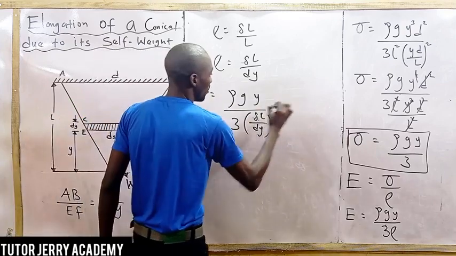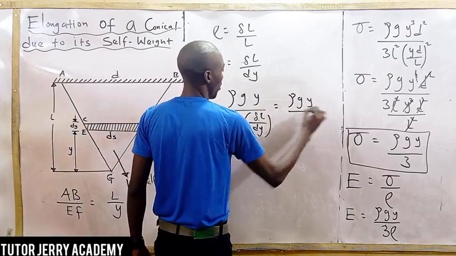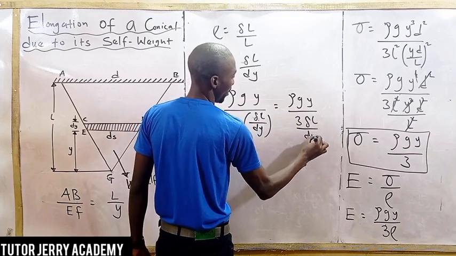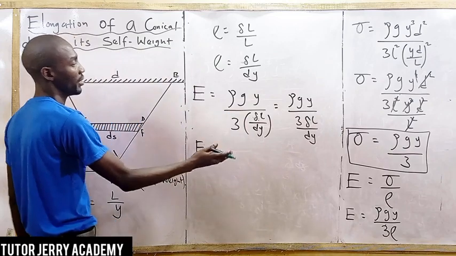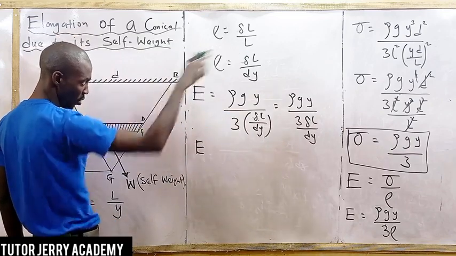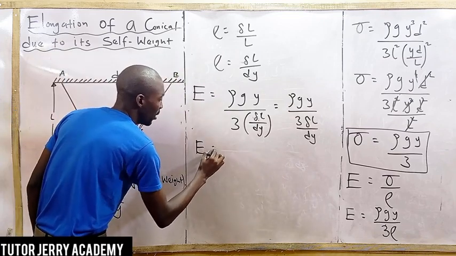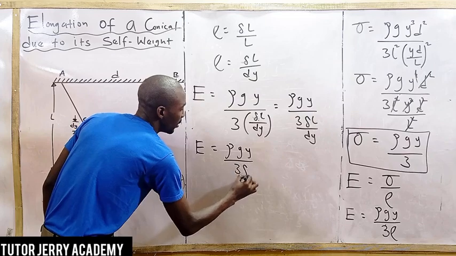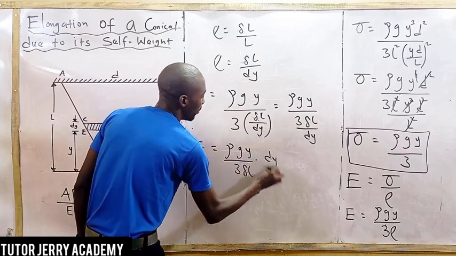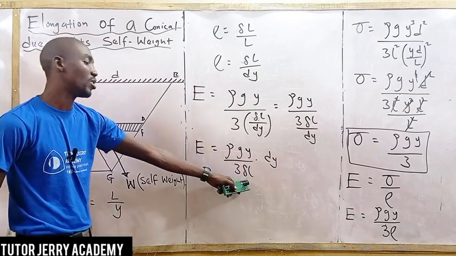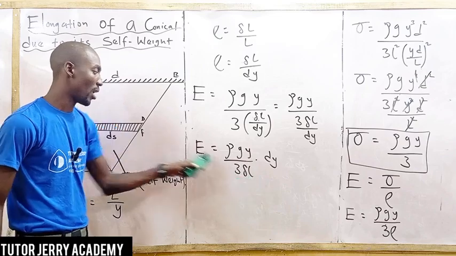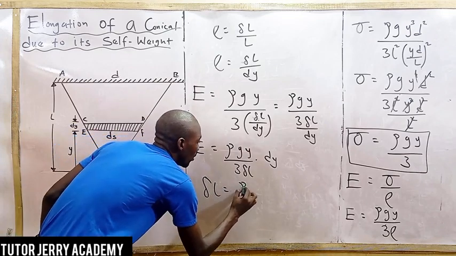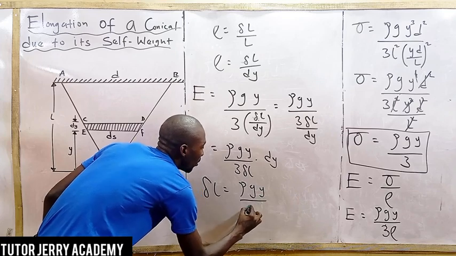I'm going to have all over 3 dL all over 1. By the time you do this, y will go back up. So we are going to have E equals y all over 3 dL. If I make dL the subject, that is the elongation, I'm going to have elongation here equals to density, gravity, y all over 3E.